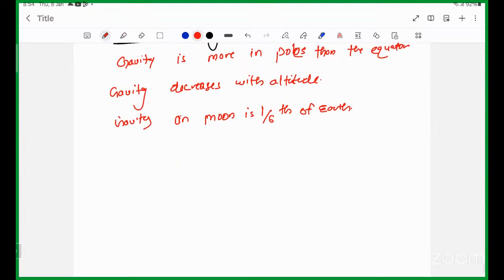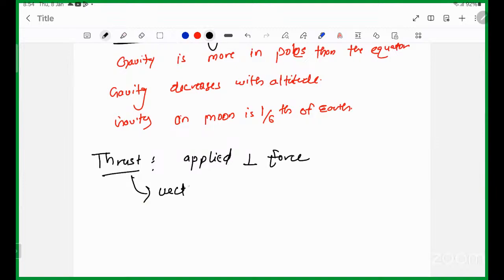We have discussed weight; now the other force we studied is thrust. What is thrust? It is an applied perpendicular force. It is a vector quantity, with the same SI unit as force, Newton.